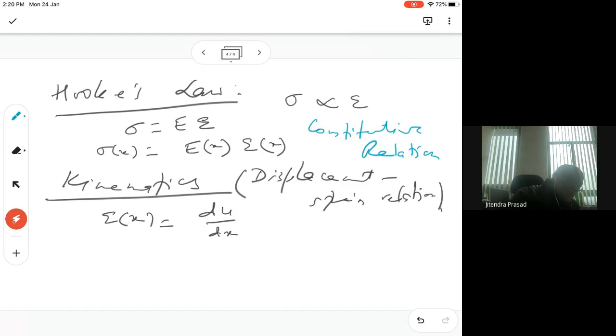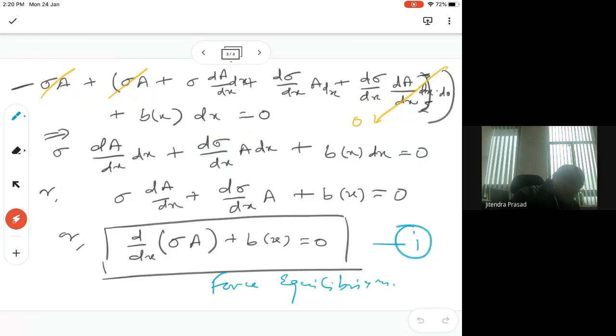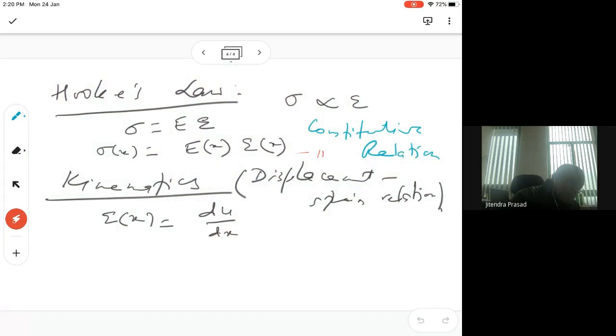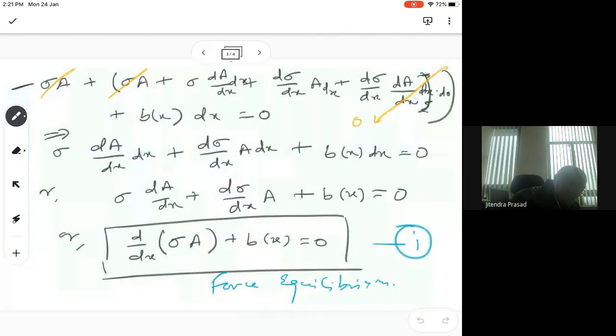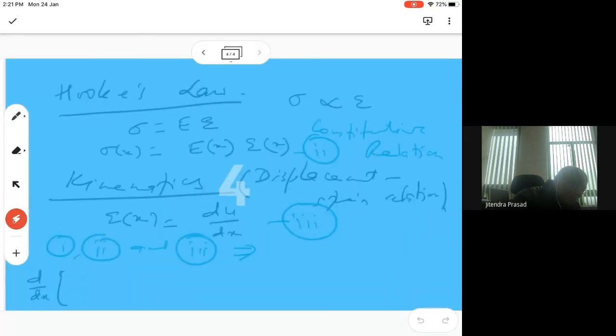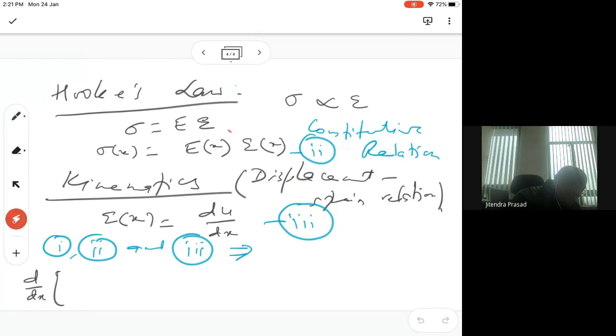You can call this number 1, this number 2, and this number 3. From 1, 2, and 3, if you combine them together, what do you get? You get d over dx of sigma times A. We write sigma in terms of Young's modulus and strain, so Ex times the strain, but the strain is given by du over dx.